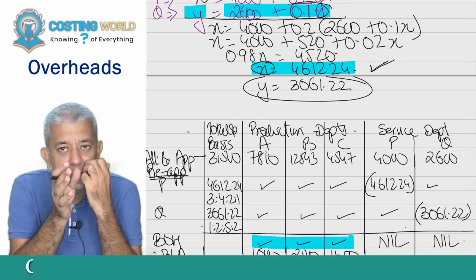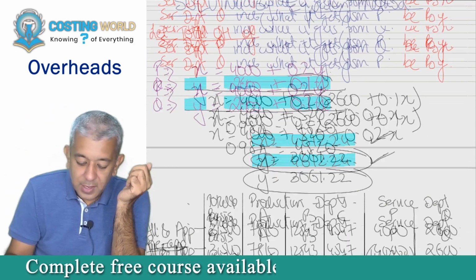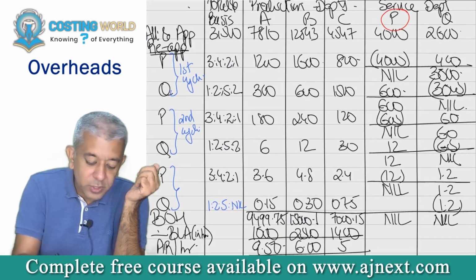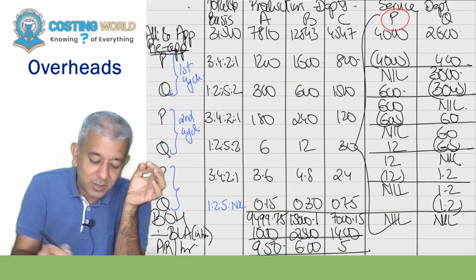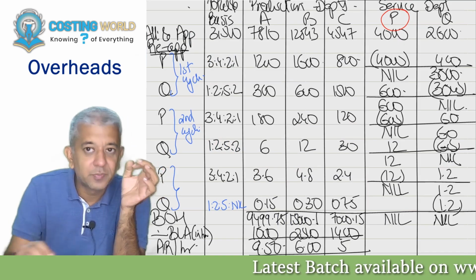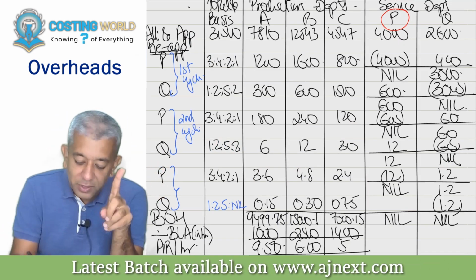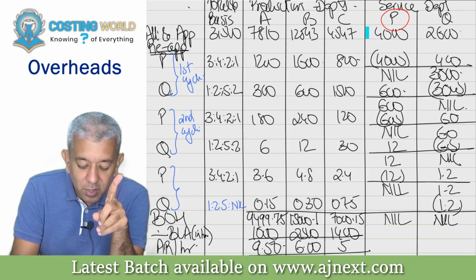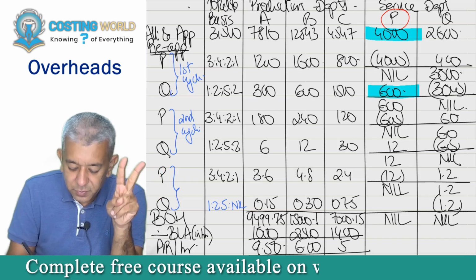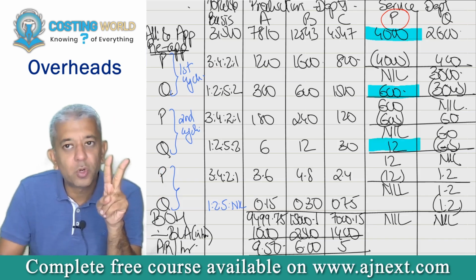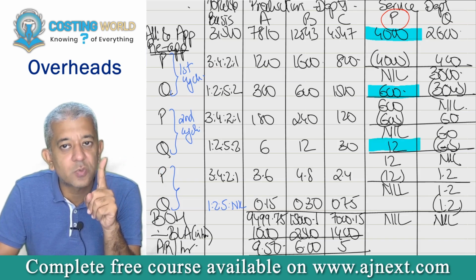The other reason is that I have already solved it using this method. Even from this method, you will understand that total overheads of P: 4000 came, we gave 600 more, we gave 12 more. Total in this case is 4612, no?